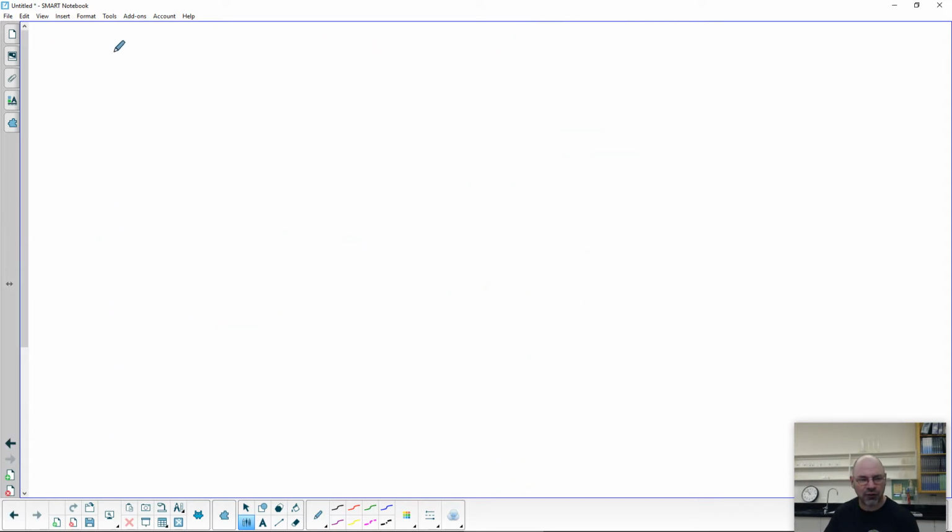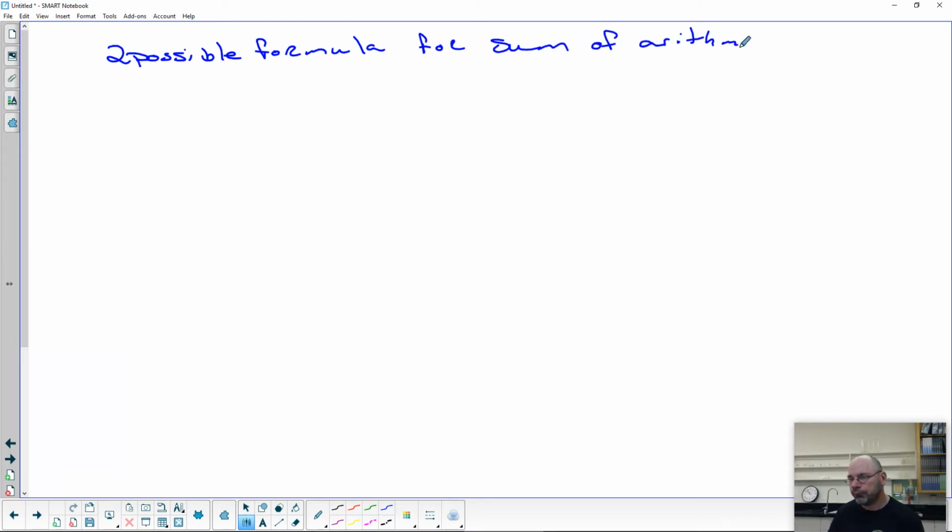So two possible formulas for the sum of an arithmetic series.